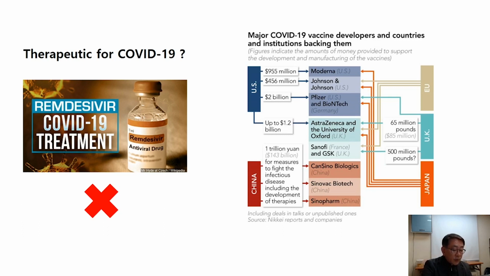As many of you know, and shown on the right side here, Pfizer, BioNTech, Moderna, and AstraZeneca from the UK are the companies that got FDA approval from the US.